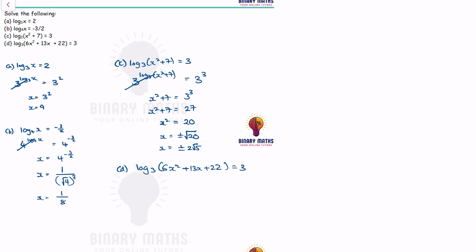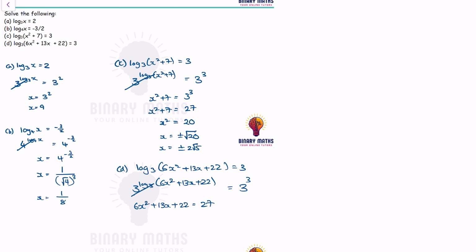If we apply 3 to the power of to both sides, we get 3 to the power of log base 3 of 6x squared plus 13x plus 22 is equal to 3 to the power of 3. These two cancel out, so I'm left with 6x squared plus 13x plus 22 is equal to 3 cubed, which we worked out is 27.